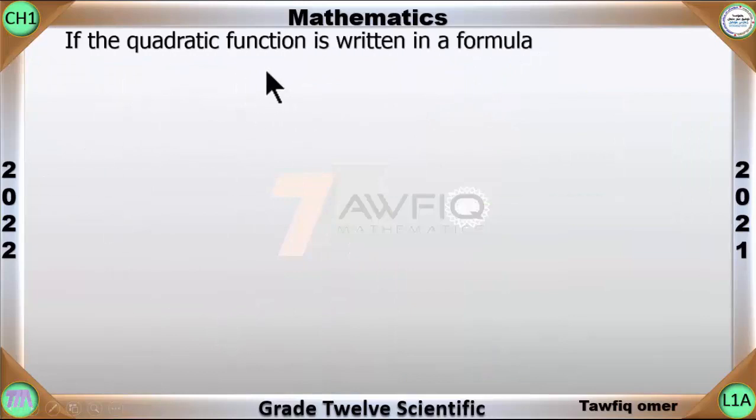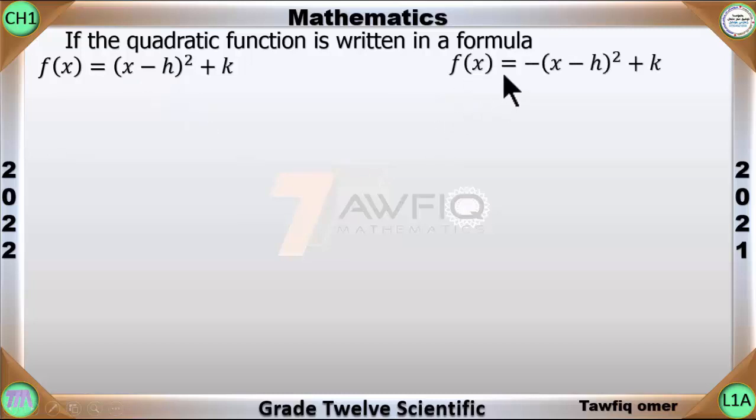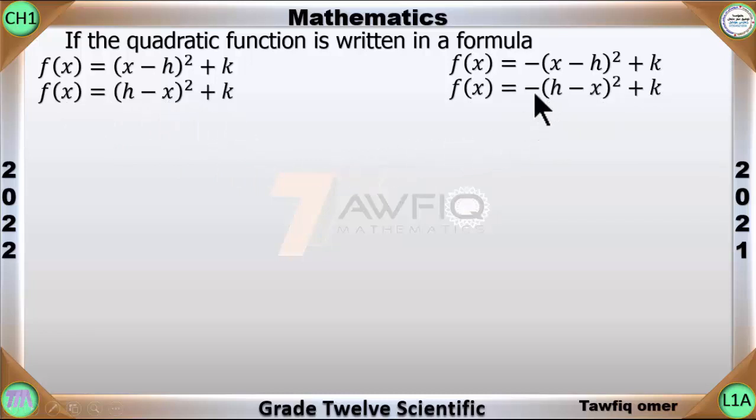If the quadratic function is written in a formula f(x) equal x minus h squared plus k, f(x) equal minus x minus h squared plus k, f(x) equal h minus x squared plus k, and minus h minus x squared plus k.